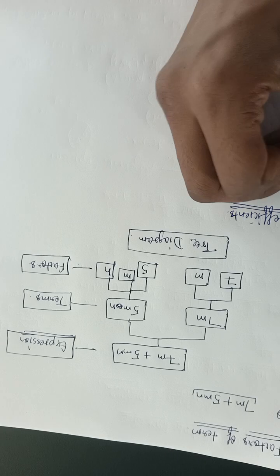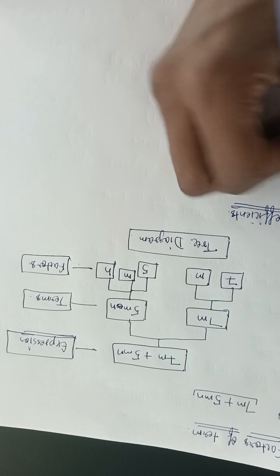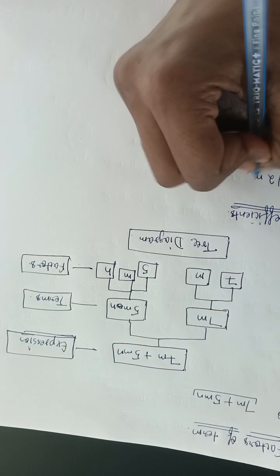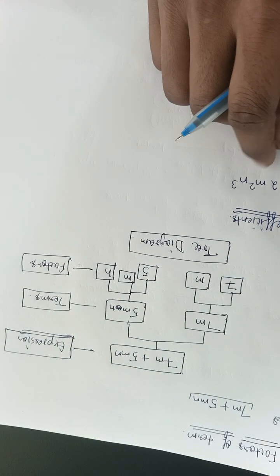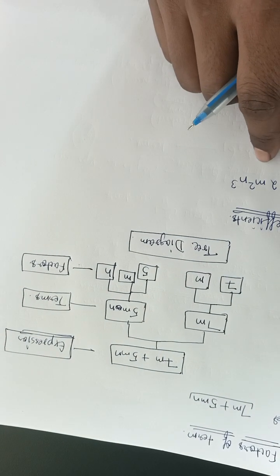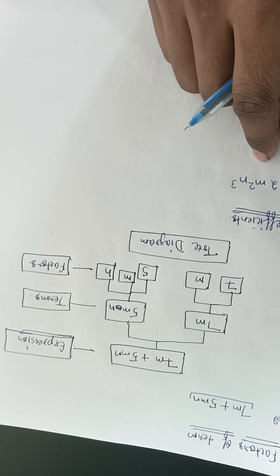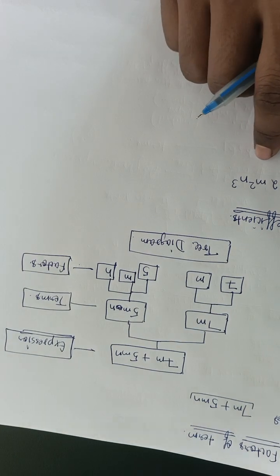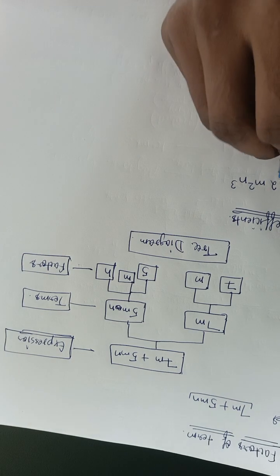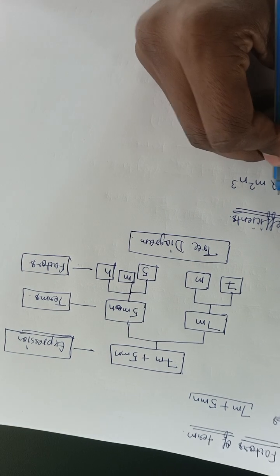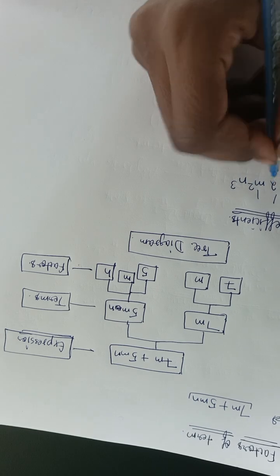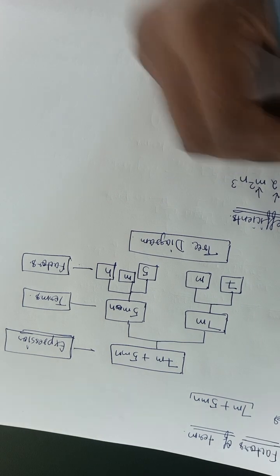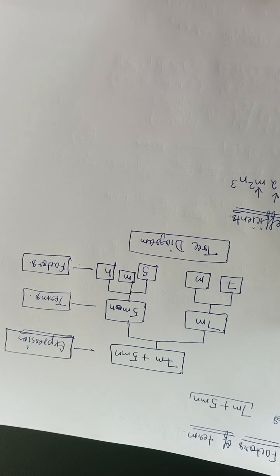We can take an example: 12 m square n cube. Here, what will the coefficient be?